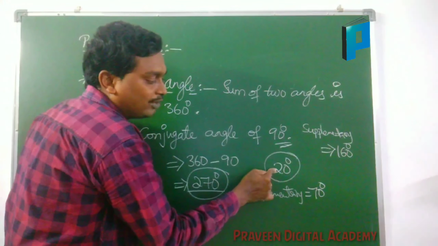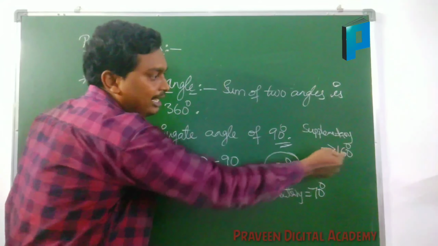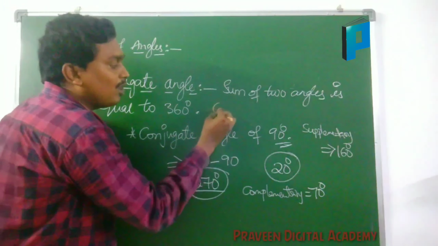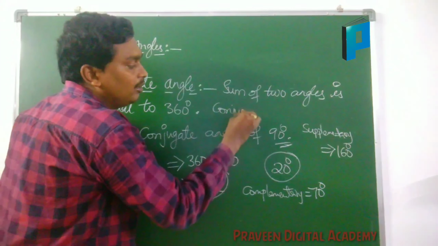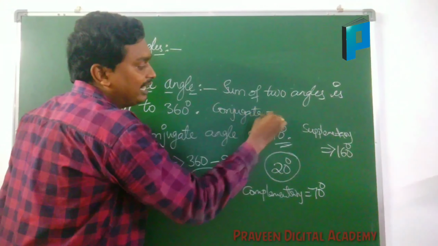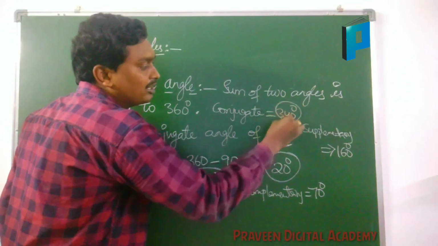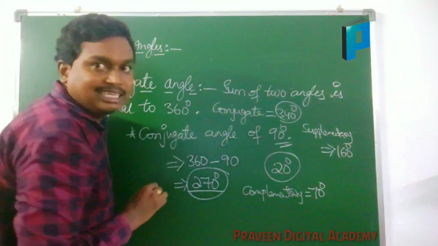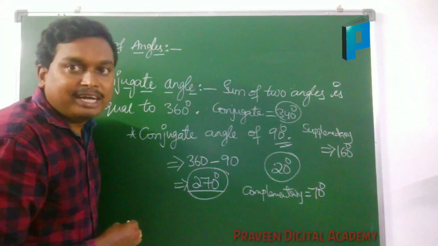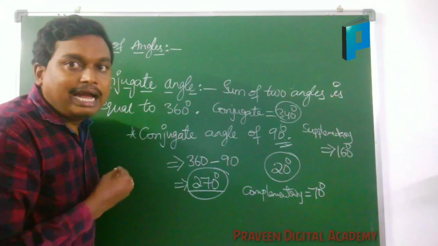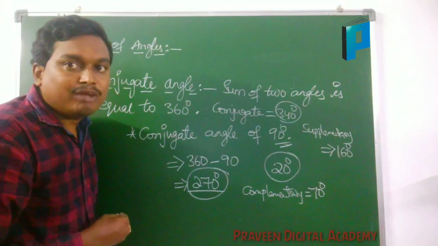Because 70 plus 20 is 90, complementary. 160 plus 20 is 180, supplementary. If you want to go for conjugate, what is the conjugate angle of 20? The conjugate angle of 20 is 340. Why? Because 340 plus 20 is 360. Like this, we will find the conjugate angle, supplementary angle and complementary angle of an angle.